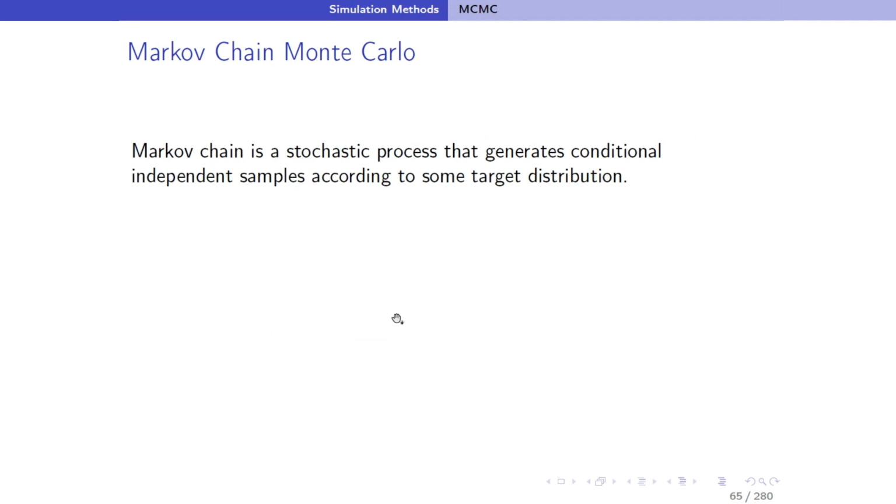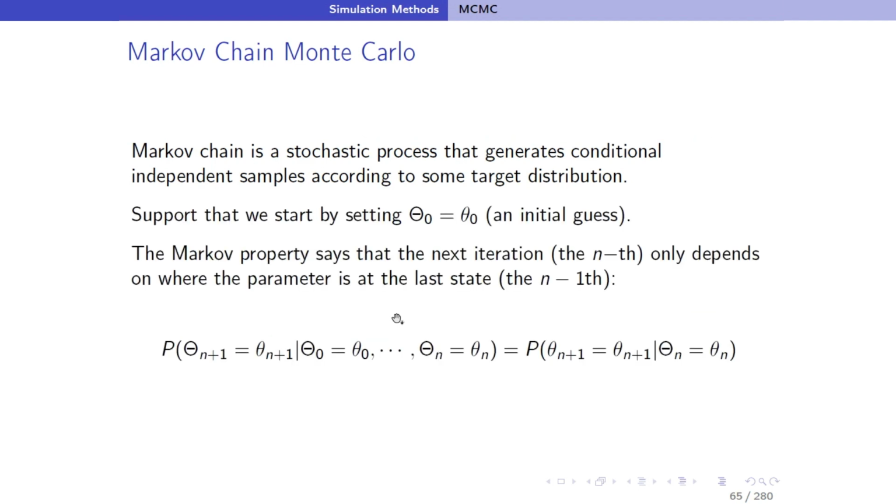Going back more formally to define Markov chain Monte Carlo, it's a stochastic sequential way of generating conditionally independent samples according to some distribution. You start from a sample theta 0. Given theta 0, you sample theta 1. Theta 1 can depend on theta 0. Theta 2 can depend on theta 1 and theta 0, and so on.